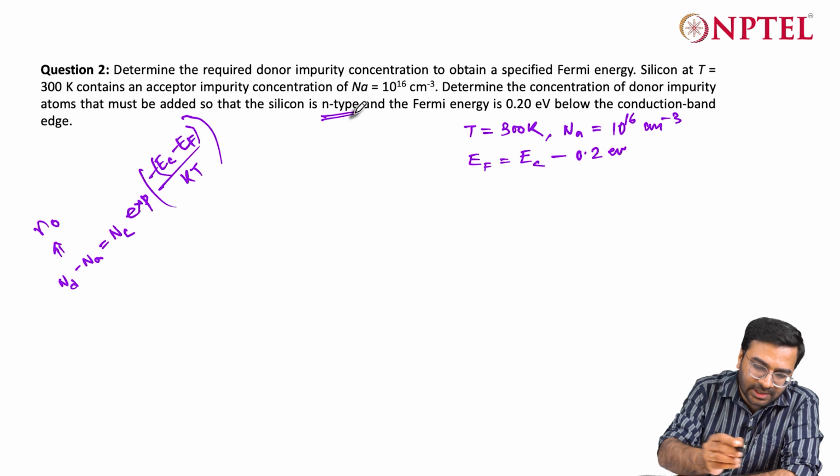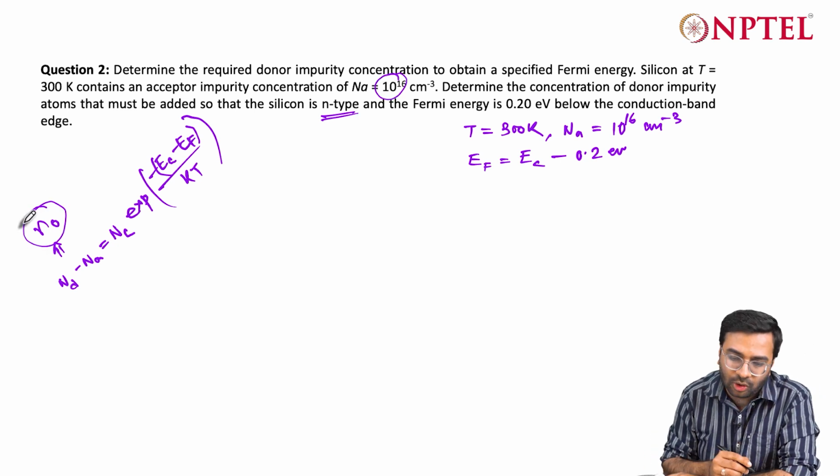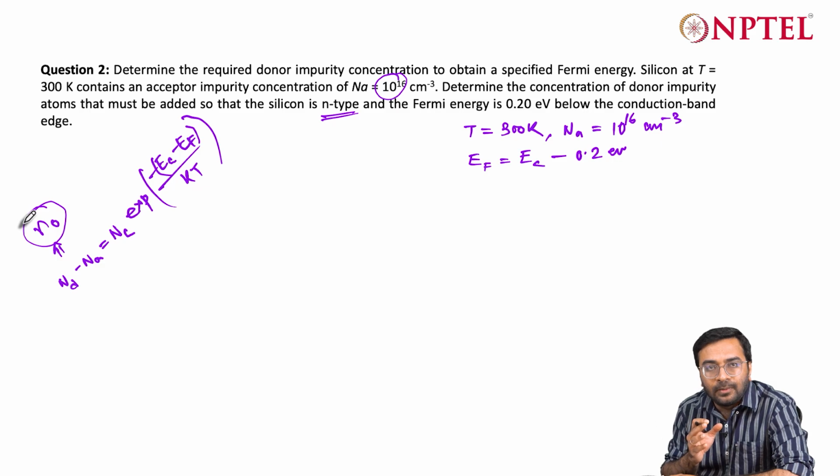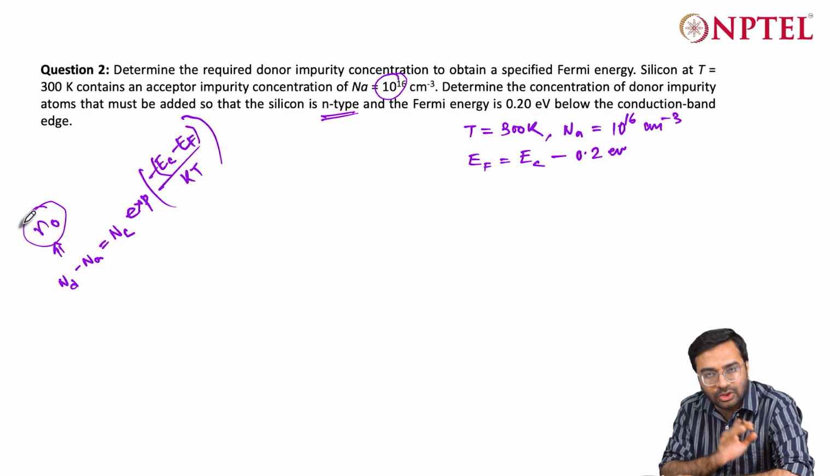Now, the value of acceptor ion is already given. So, the concentration of your electron is basically the difference between the concentration of the donor atoms and the concentration of the acceptor atoms.